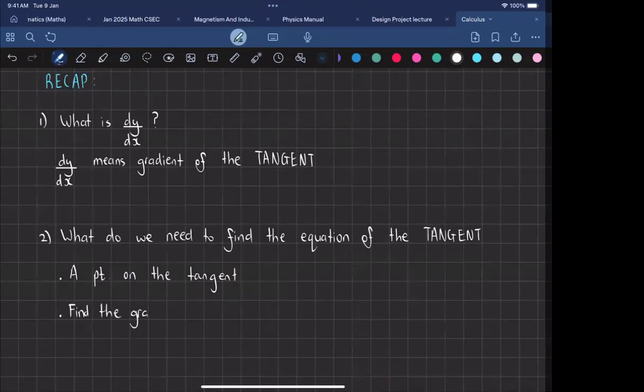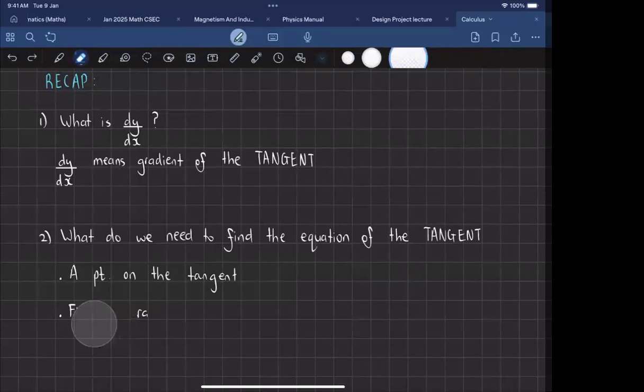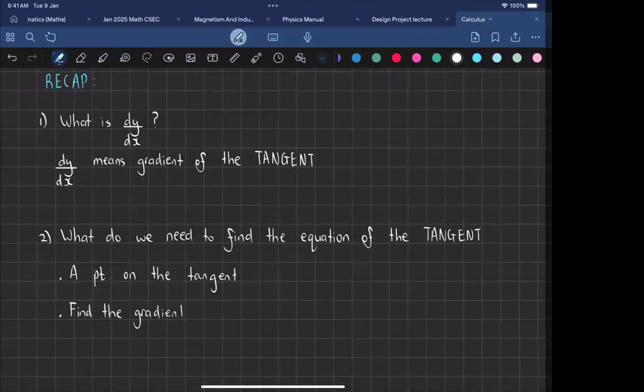And how do we find the gradient? Remind me. You differentiate the function that they give you, and then you use the x value from the point that they give you to find the gradient. Correct. So you're gonna differentiate.